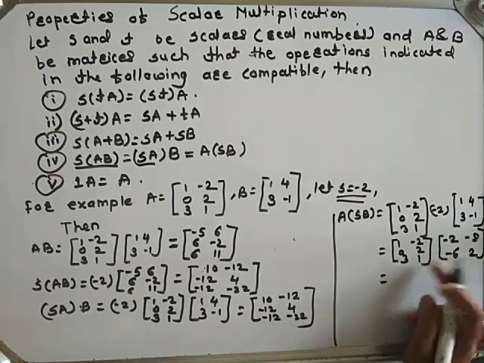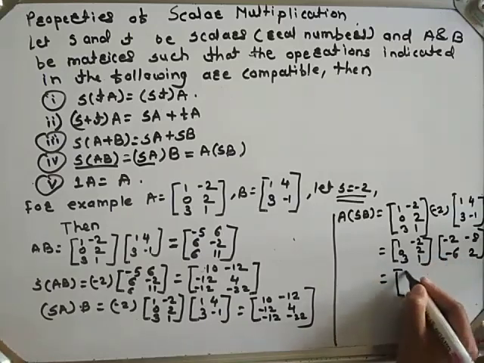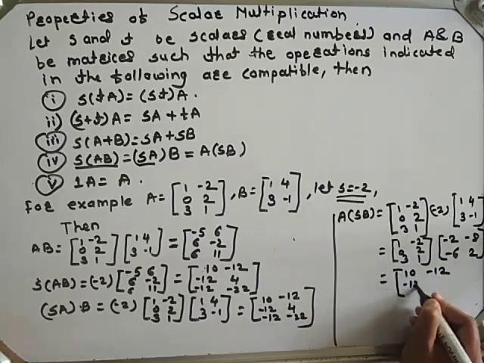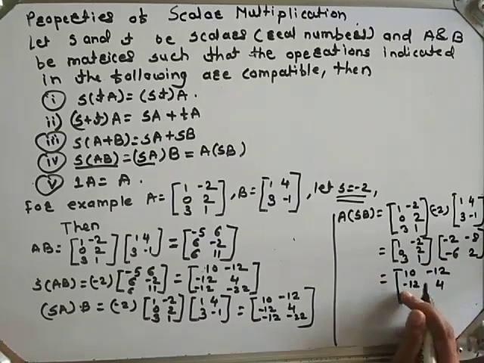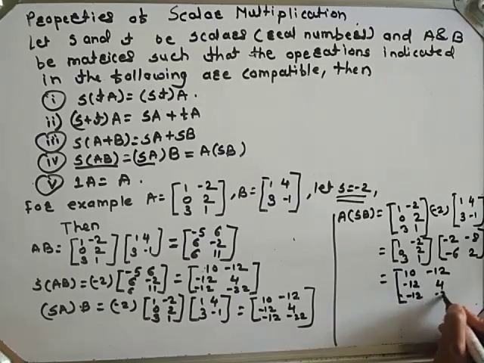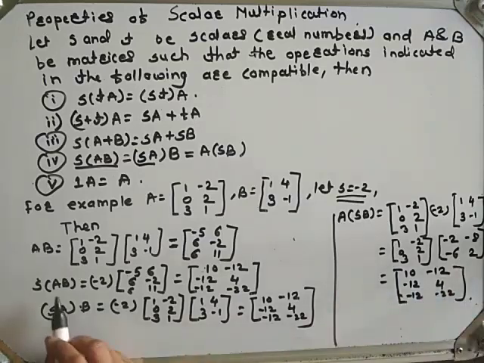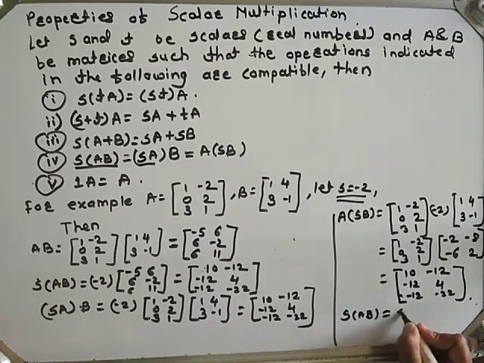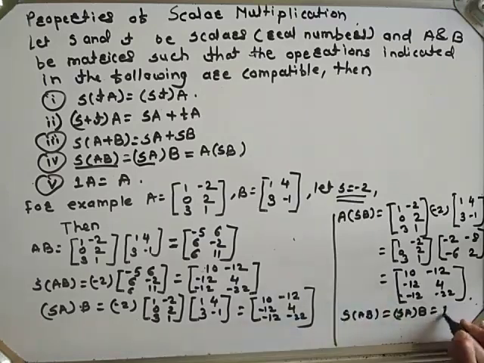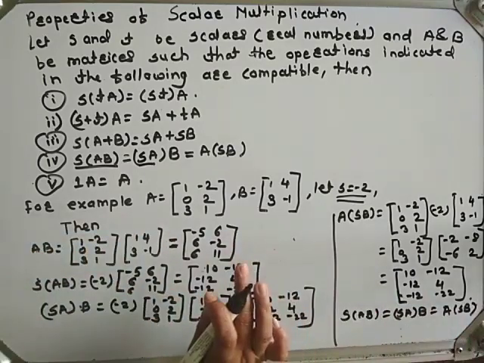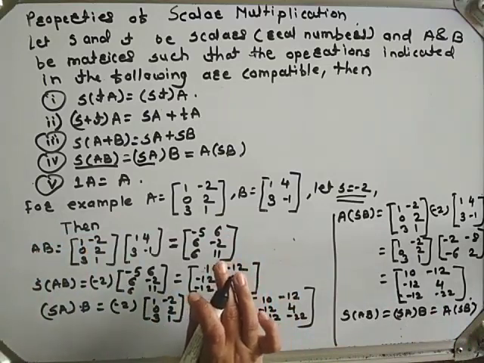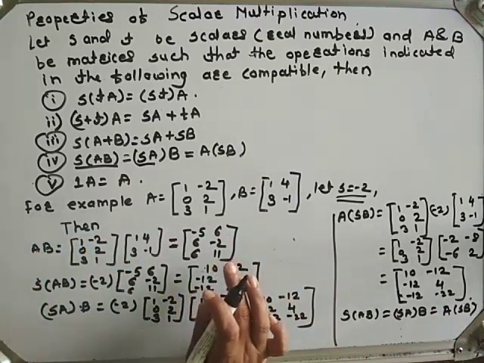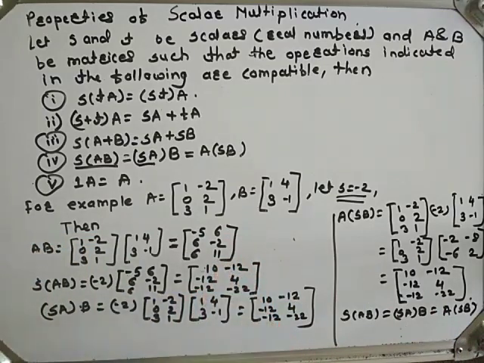After multiplying these two matrices, we get [10 -12; -12 4; -12 -22]. Observe that S into AB is equal to SA into B, which is equal to A into SB. Hence, fourth property of scalar multiplication is verified. Similarly, we can verify remaining properties of scalar multiplication.